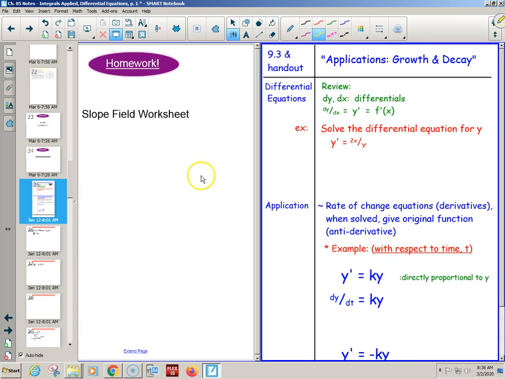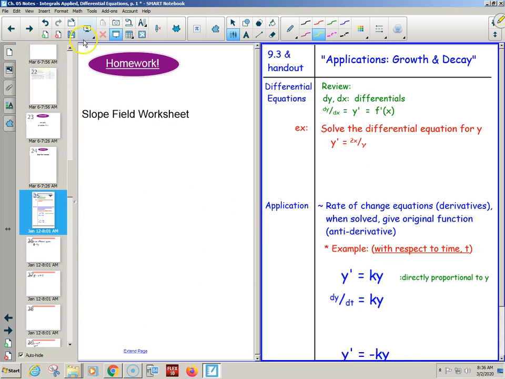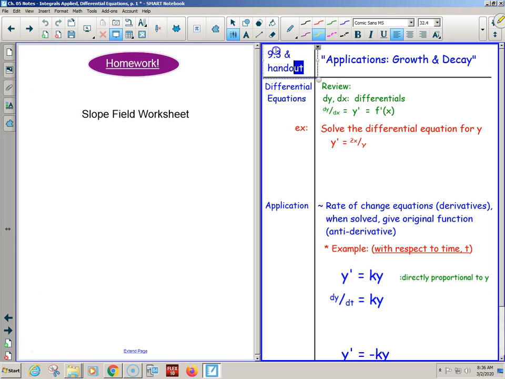Let me get you guys at least, oh, my bad, hold on, this isn't 9.3, where are we at? 5.2, my bad. I know. Chapter 9 was another book, believe it or not. It was chapter 9 in another book.